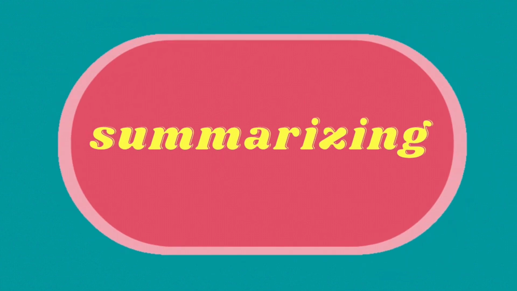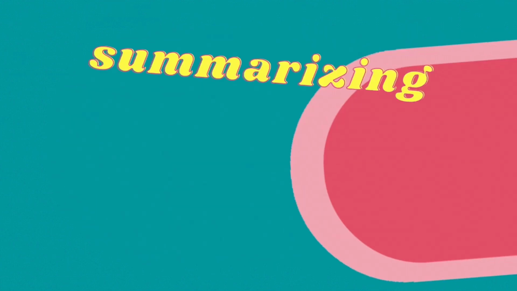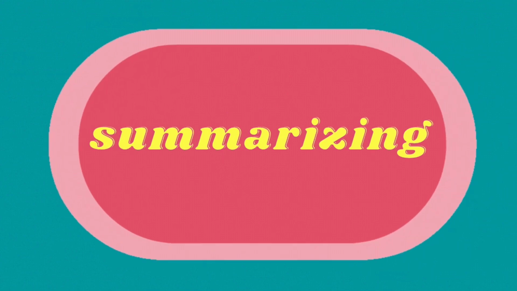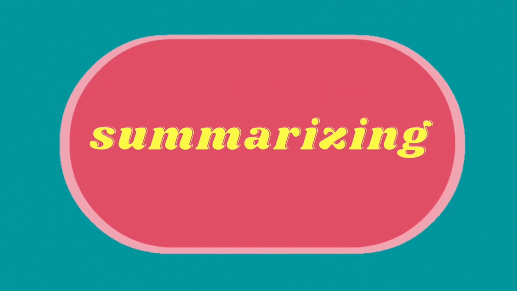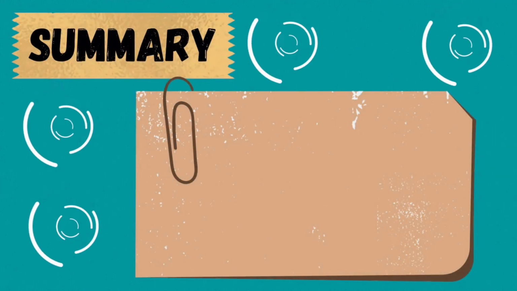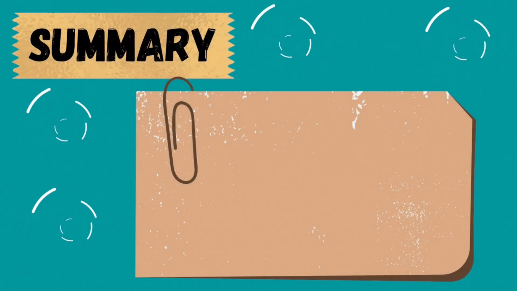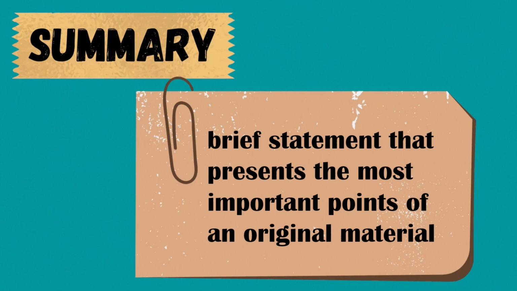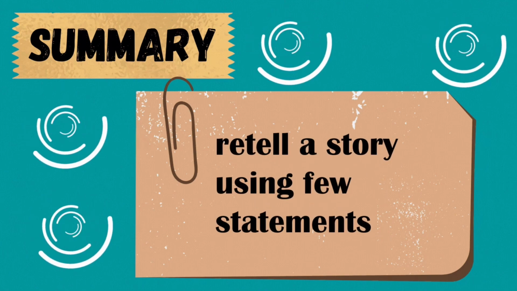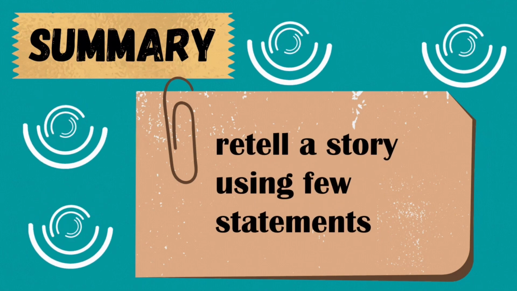Summarizing is a common skill in learning English. While it usually sounds like an easy thing to do, one must still be properly guided when it comes to writing one out of an original text. A summary is defined as a brief statement that presents the most important points of an original material. It helps you retell a story of any material using a few statements.